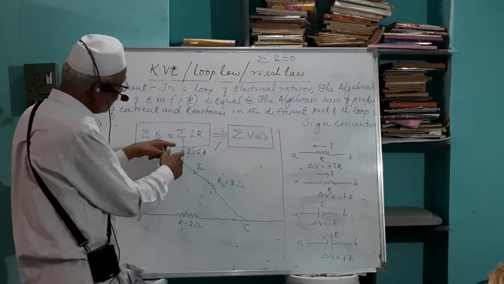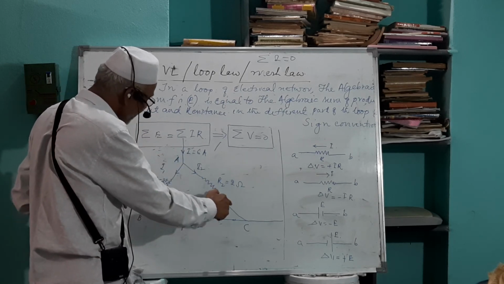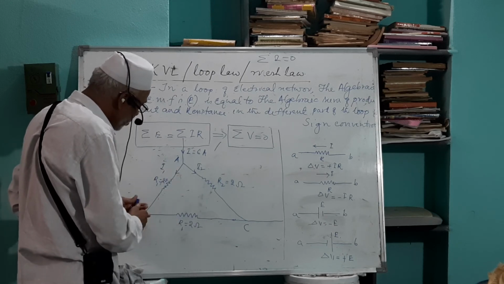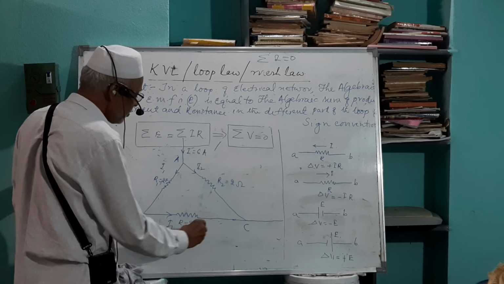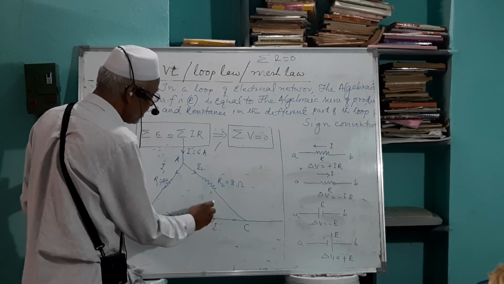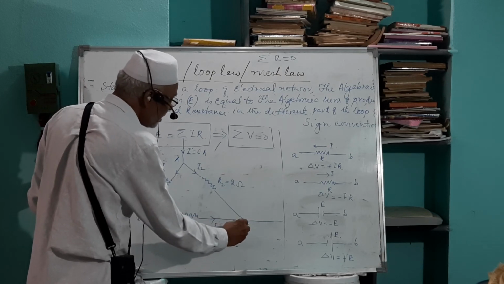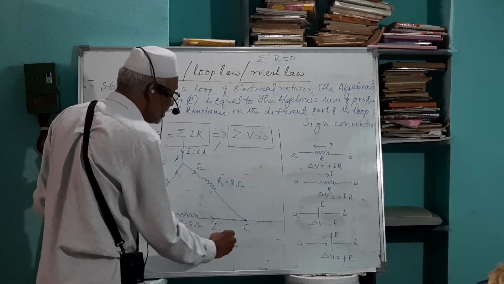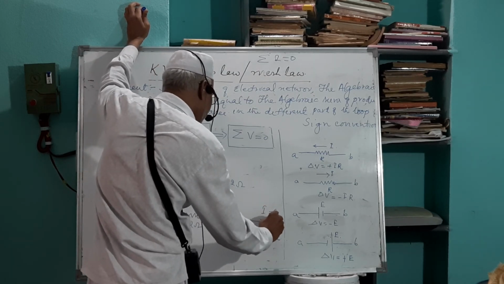You see that the main current entering at this junction is split into two parts, and it goes round in this direction, that is I1 itself. In this I1, again I1. Now I2 and I1 together meet at this junction and you will get once again the main current, equal to 6 ampere.